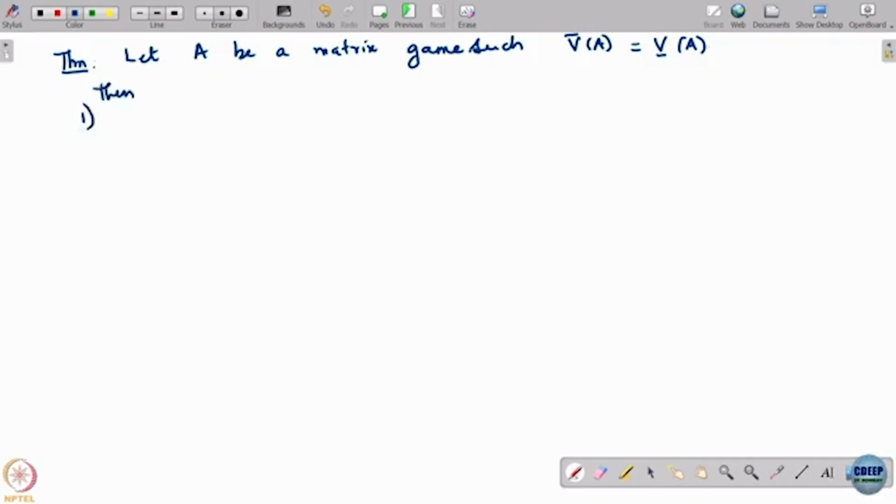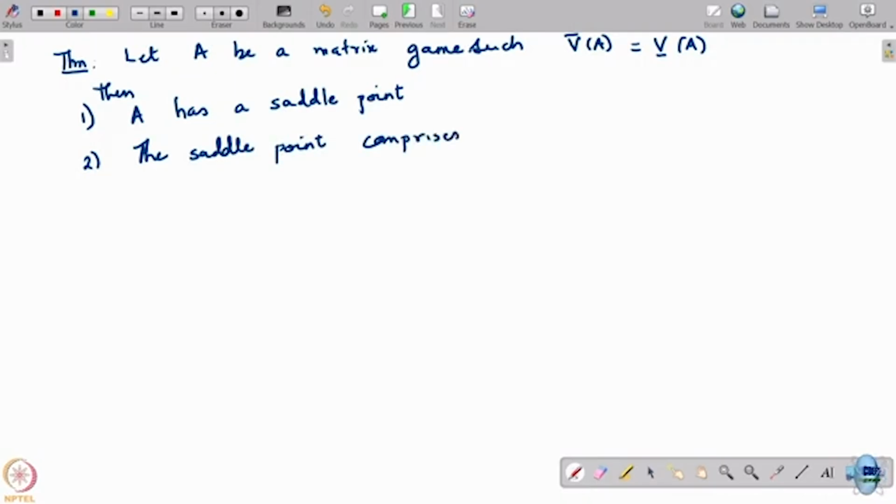Then 1, A has a saddle point, and second, the saddle point comprises of security strategies.